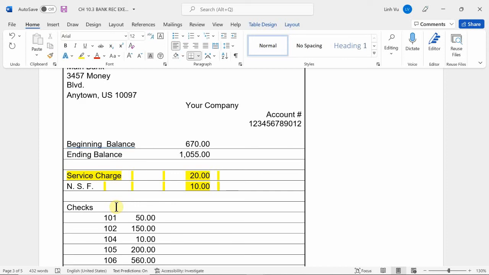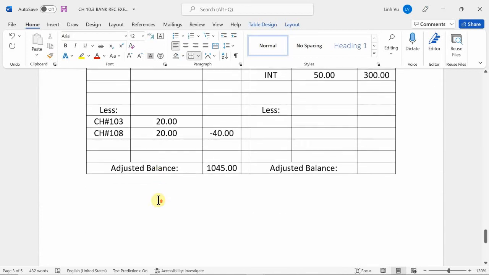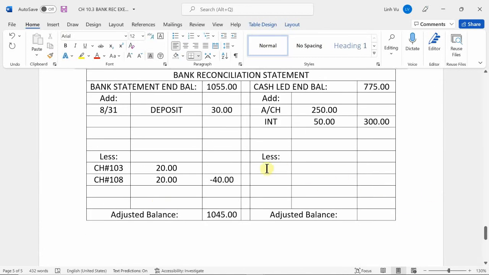And of course, you were charged $10 for non-sufficient funds. So for fees, you have a service charge of $20 and NSF for $10. So you need to subtract $30.